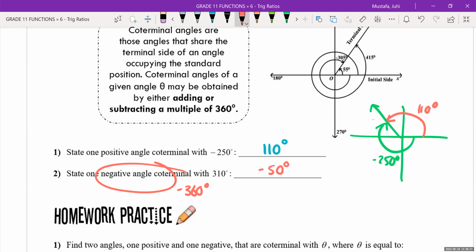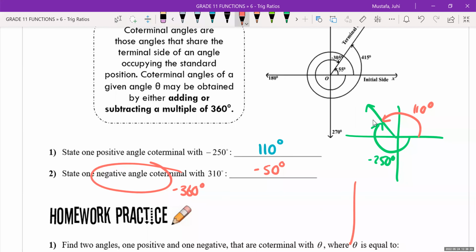So to visualize this, if you have 310 degrees, it's approximately there. This is 310 degrees. The negative angle that is on the same line is basically the measurement from here to here, which is going to be negative 50 degrees. Okay, so what do you have to remember? Positive coterminal, add 360, negative coterminal, subtract 360, and that's it.